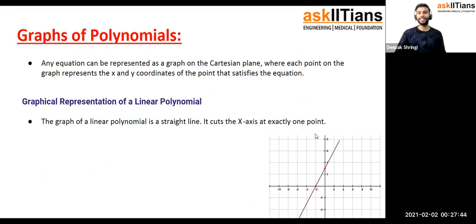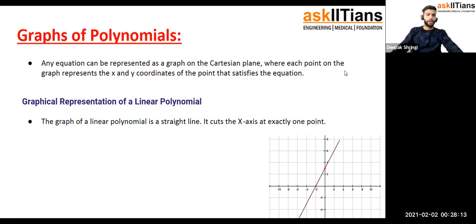The second thing we have learned is that the zero is the point of intersection of the graph of the polynomial with the x-axis, right? So the number of times the graph of the polynomial intersects the x-axis is equal to the number of zeros. If it is intersecting 5 times, there are 5 zeros. If intersecting 2 times, there are 2 zeros. That's it. Simple. Okay. Now let's move forward.